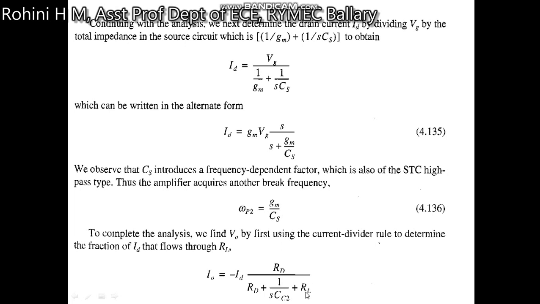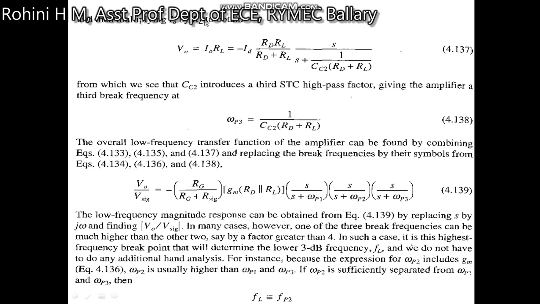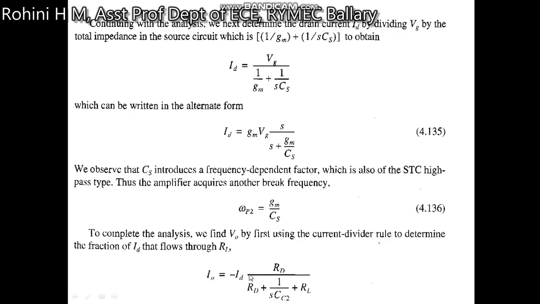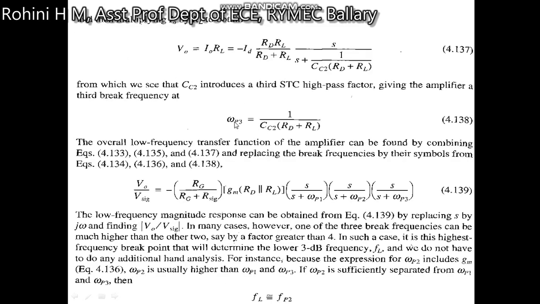So here the current in that branch is given by the resistance in the other branch, Rd, divided by the sum of resistances, into the total current Id. Then by multiplying I naught by RL, we obtain V out as this expression, since I into R is nothing but V out.